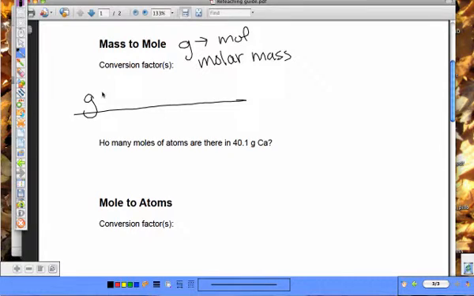We know how many grams of a substance we have. What units have to go here? Grams on bottom, and this time moles on top. And again, it's the mass of 1 mole. And where would the mass come from? Periodic table.